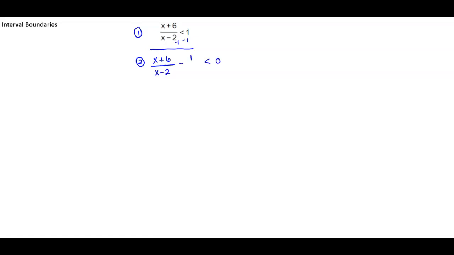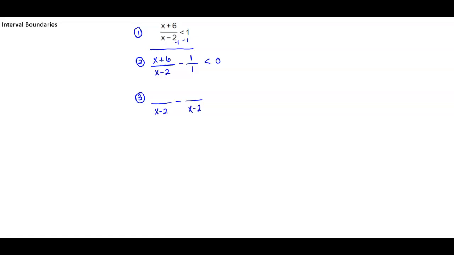Okay, and so now we're going to write this as 1 over 1 because we want to combine everything on the left side to become one term. In order to do that, we have to find the LCD between x minus 2 and 1. Well, the LCD between x minus 2 and 1 is just x minus 2.